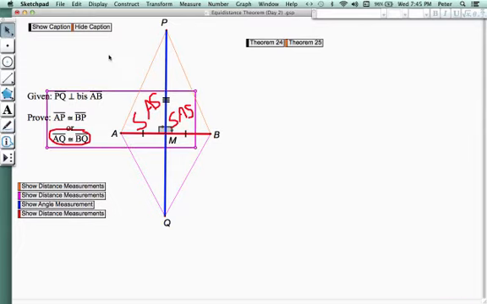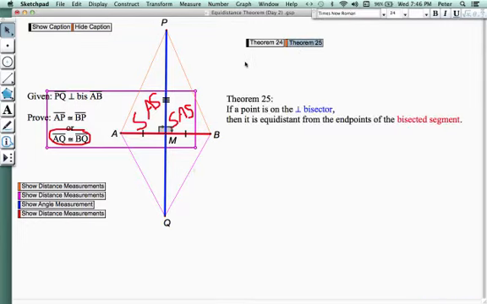Okay, so that means that if we are given something's a perpendicular bisector, it's not very hard to prove that any point on the perpendicular bisector is equidistant from the endpoints of the segment. In other words, a segment stretching from a point to either endpoint will be congruent. And that's what Theorem 25 says. If a point is on the perpendicular bisector, the blue line, then it is equidistant from the endpoints of the bisected segment.